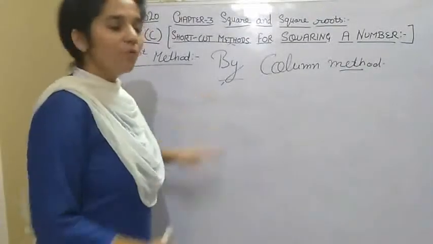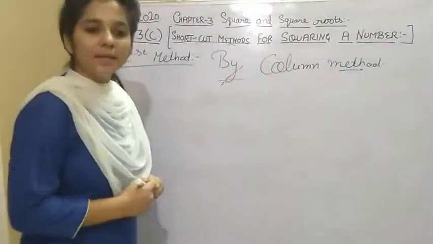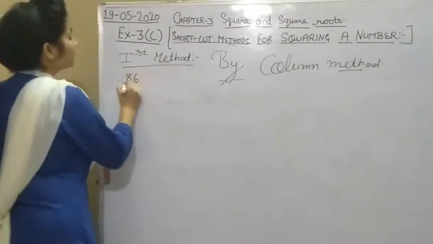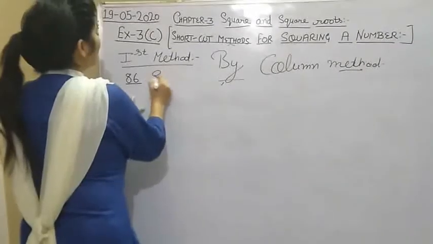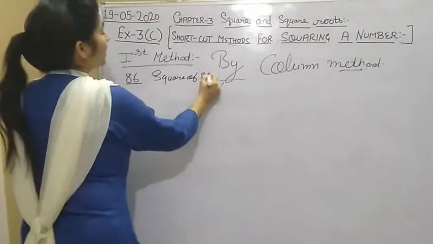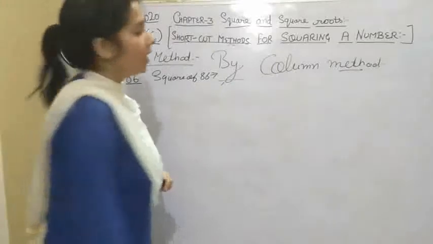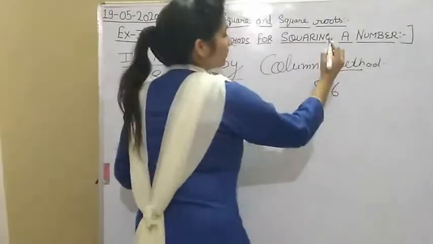Let's take one more example for the column method, that is 86, and we have to find the square of 86 by the column method. Again, we have a two-digit number.